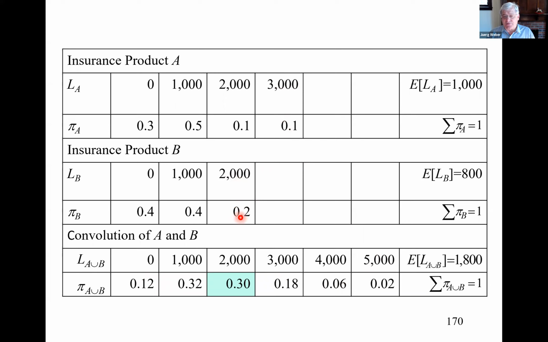So the chance of a loss of 5000 is 2%. Maybe check yourself how you will get the other cells. Well, that's a convolution of A and B. Basically what we do here, we add up loss distributions, and you can do that if they are independent.